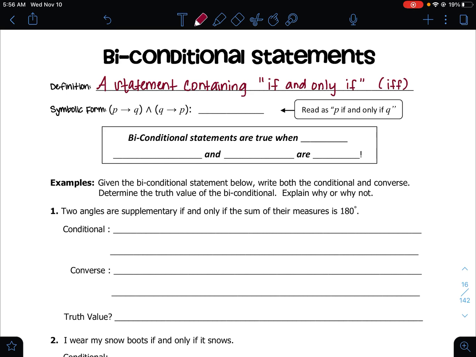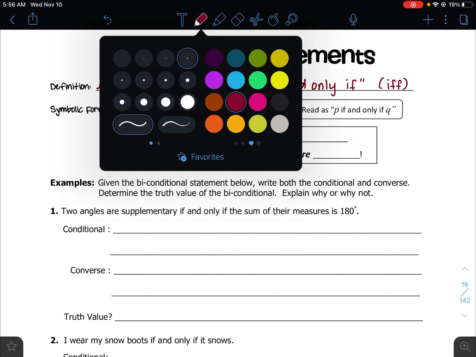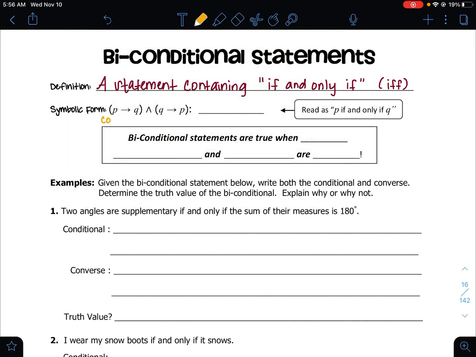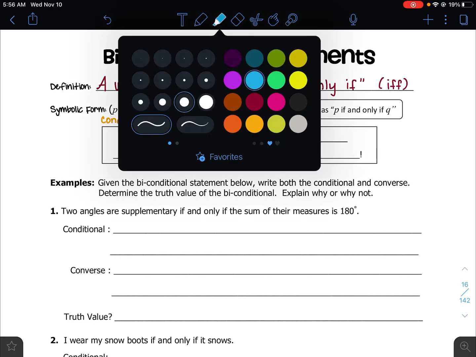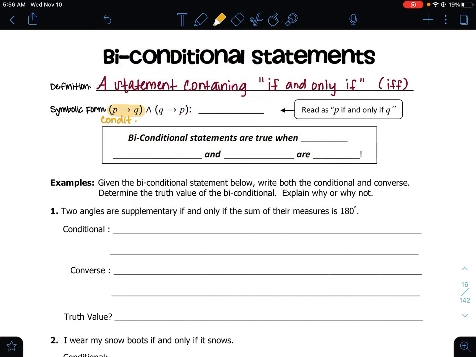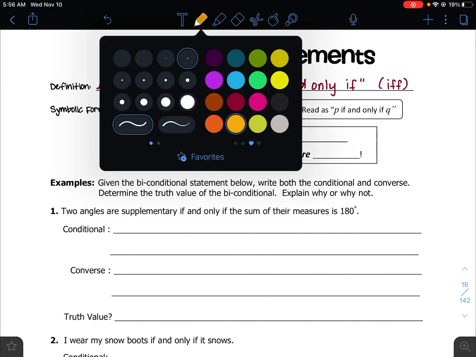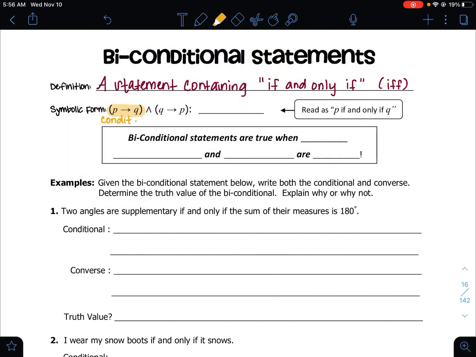All right, the symbolic form is when you have the conditional statement and you join it with the converse.